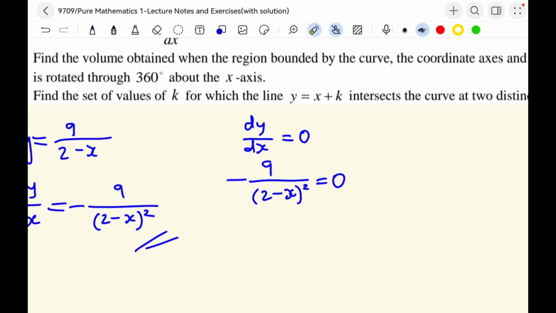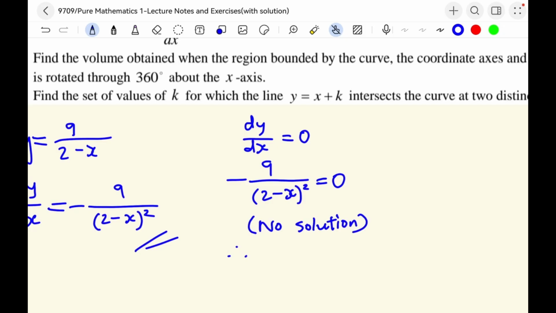It's because you see there's a 9 in the numerator, and the numerator is always positive. Okay? So we assume that for x all real numbers, this entire value won't be 0. Maybe it can be 0 point something. Alright? So you can say no solution.